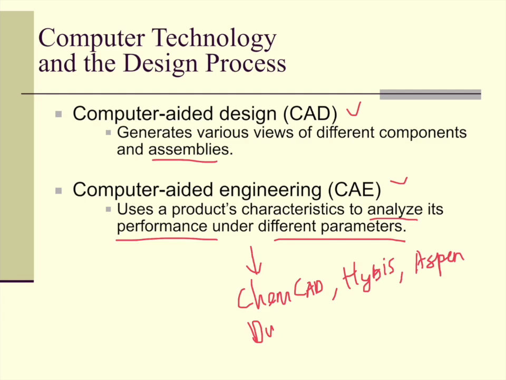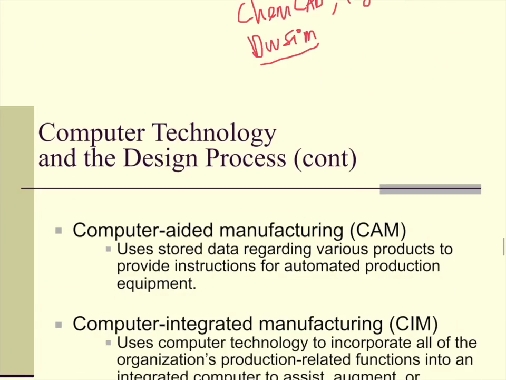Maybe you can use DWSIM. It is similar software like Aspen, like ChemCAD, like HYSYS, but this software is free, open source. You do not have to pay, or maybe $1. It's cheap enough. Okay, that is the computer-aided engineering in chemical engineering.